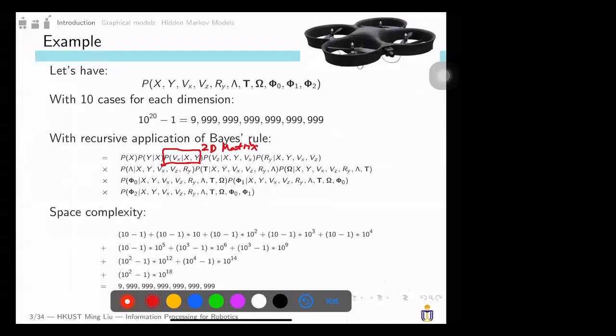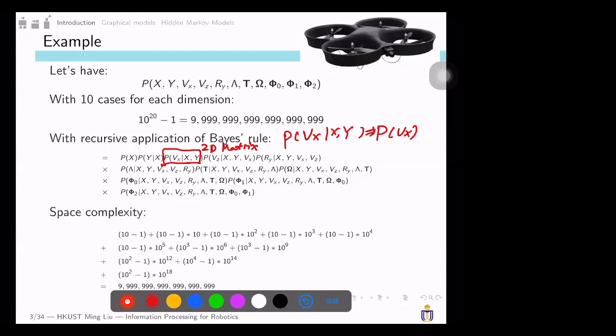Okay. Instead, if you can replace this P(Vx given x, y) by P(Vx), that means the velocity of the UAV is independent of the position. You see, when the UAV is flying around, probably the current velocity is regardless of where it is, right?